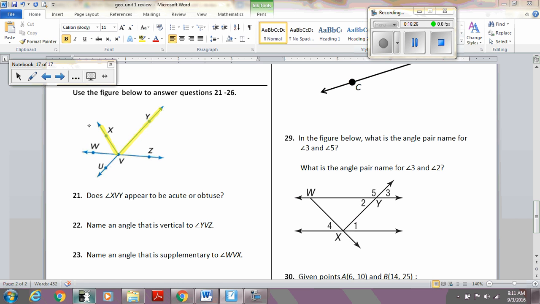And I would have to say that angle XVY appears to be acute. Because if you were to take a sheet of paper and line it up with the corner, which is exactly 90 degrees, then you would see that angle XVY is a little less than 90 degrees.